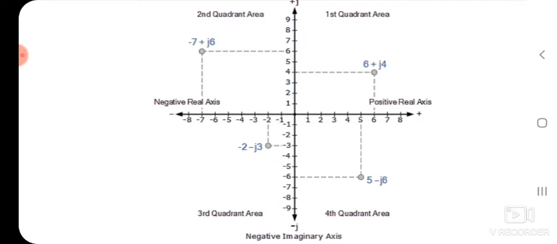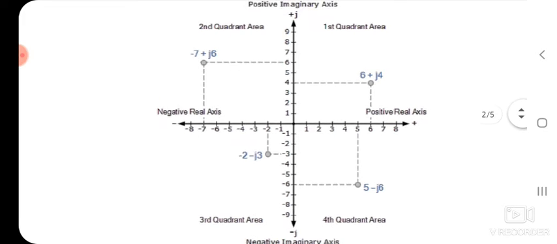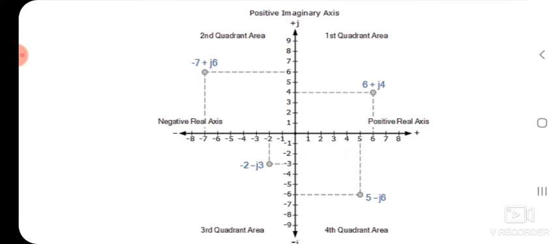If the real part is positive and the imaginary part is negative, then that kind of complex number is present in the fourth quadrant. From this we can easily identify in which quadrant a complex number is present.